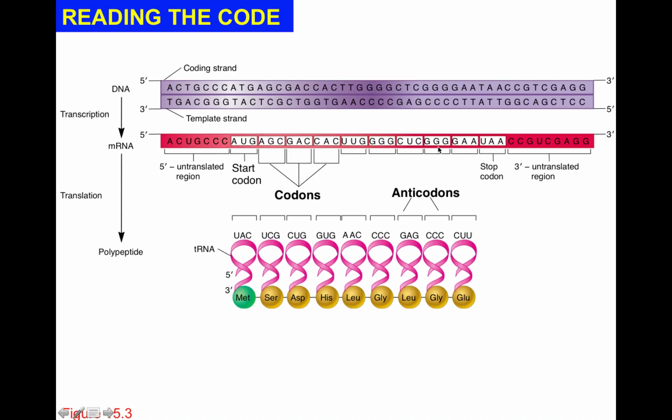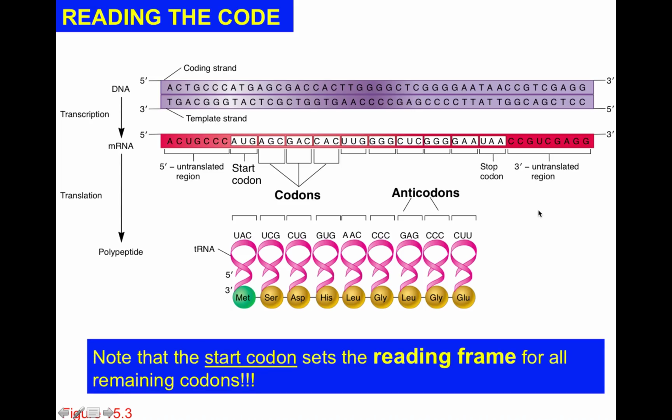Flanking the coding region of the messenger RNA is the 5' untranslated region and a 3' untranslated region. Note that the start codon sets the reading frame for all the remaining codons. There's the start codon right there.